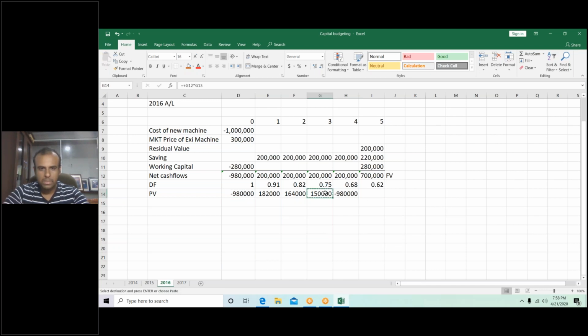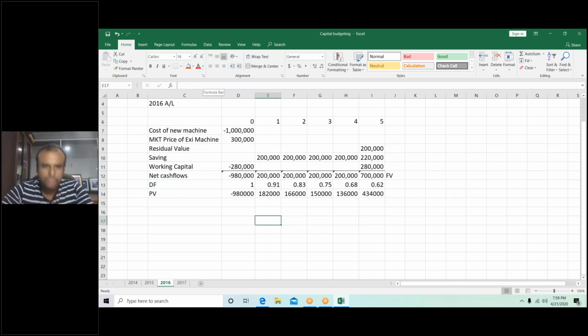So, year 2 discounting factor is 0.83, right? Not 0.82. 0.83. All right. Okay. Now is that clear? Is that correct? Yeah. Okay. Now I have done the calculation properly.